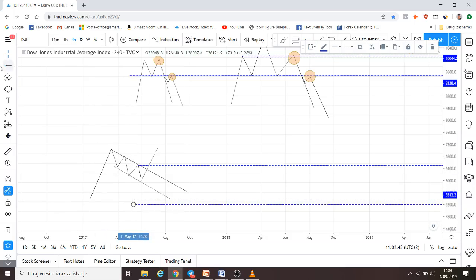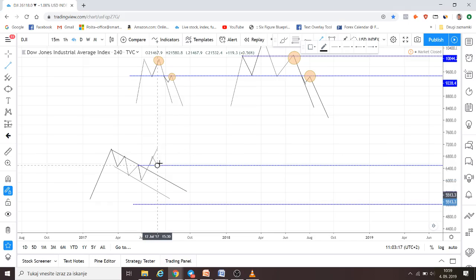So this is called a bullish flag. Bullish flag. Very similar. What we look for: we can either enter when we break the trend line, and then we wait for a retest of previous resistance.